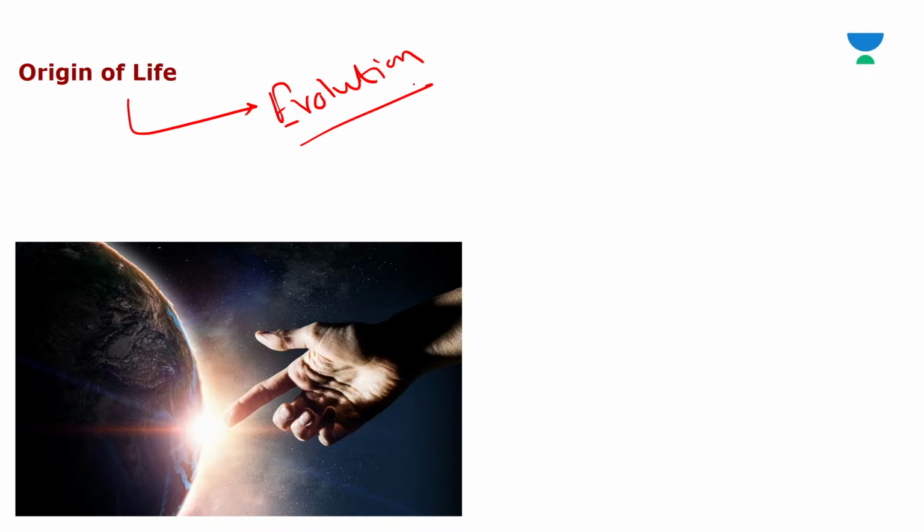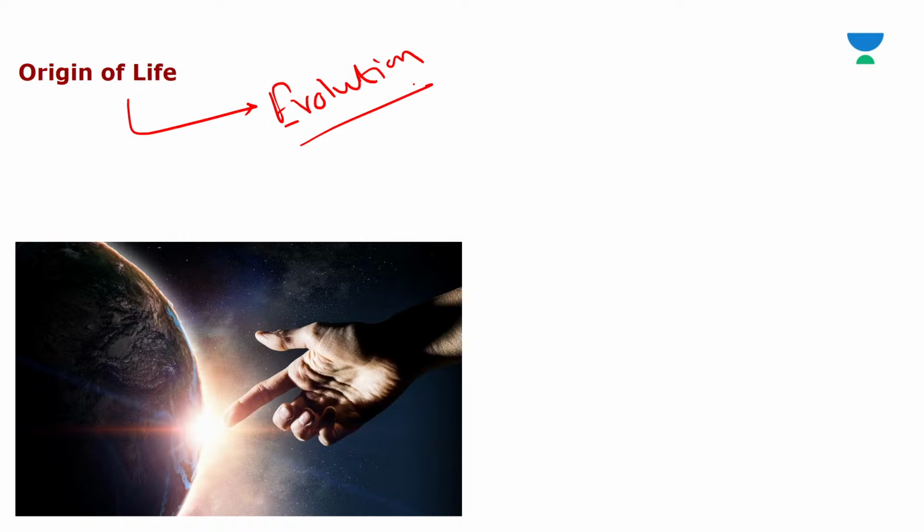So modern scientists refer to the origin of life as a kind of chemical reaction which first generated complex organic molecules and assembled them.